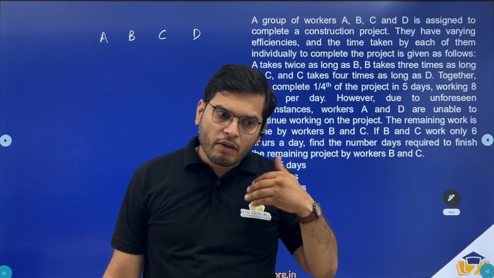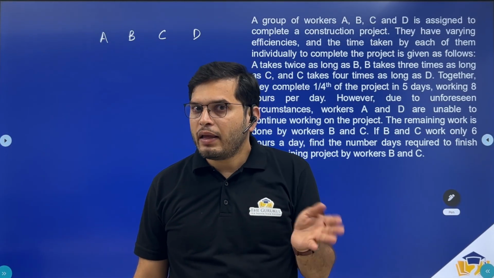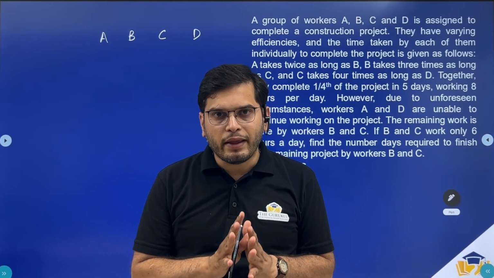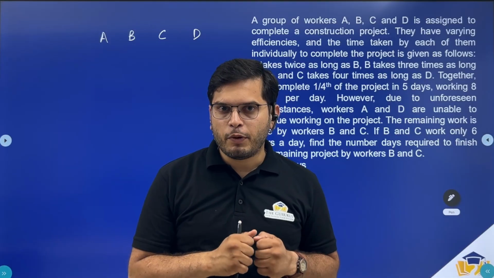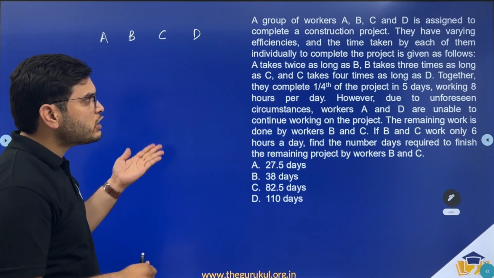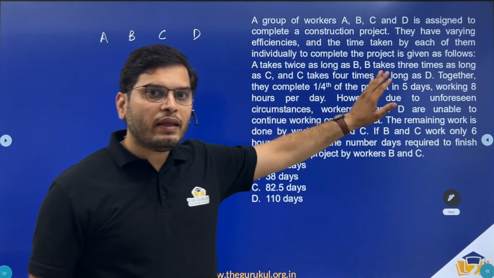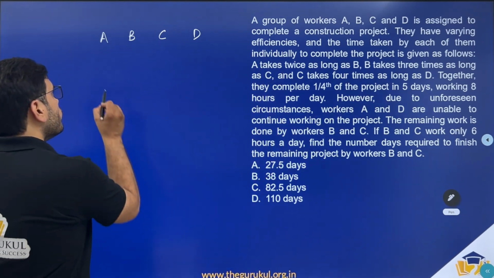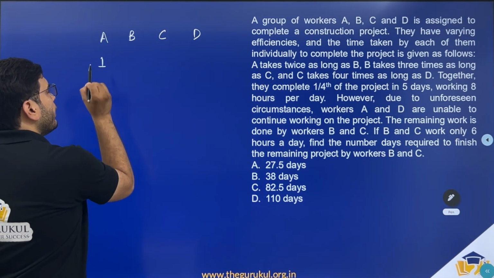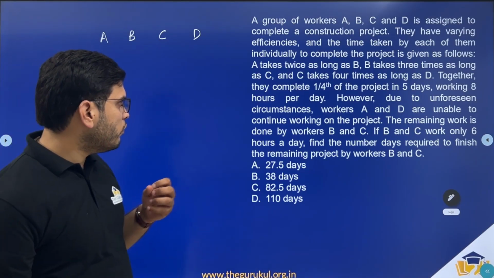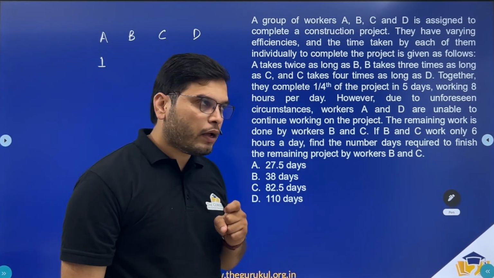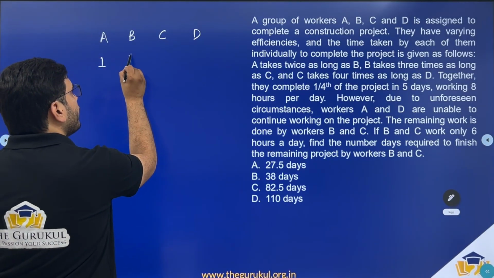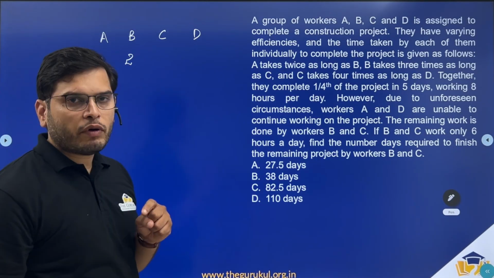So if A is taking more time than B, I can say that B is more efficient than A, because when work is constant, efficiency and time are inversely proportional. So A takes twice as long as B, so B is twice as efficient as A. If I consider A completes 1 unit of work in 1 hour, then B will complete 2 units of work in 1 hour.